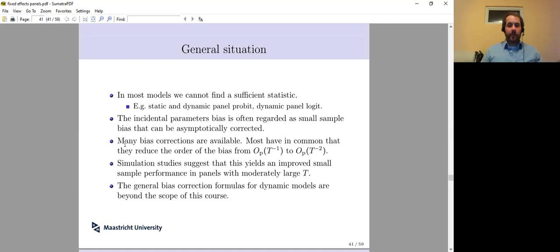Simulation shows that these bias corrected estimators improve tremendously upon the MLE. Really, it's incredible, they work much, much better. We will discuss a little bit how to derive these formulas, but the formulas are quite complicated and we will not discuss them in detail.